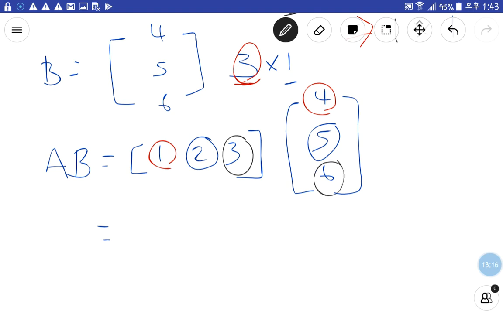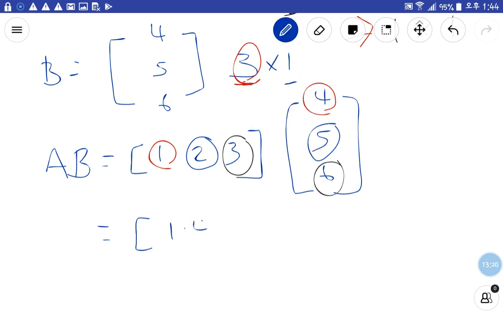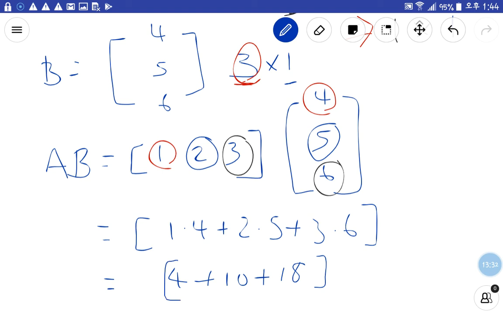If you multiply that up, it comes out as 1 times 4 plus 2 times 5 plus 3 times 6, which is 4 plus 10 plus 18. If you add them up, what do you get? 32. That is going to be my answer, 32.